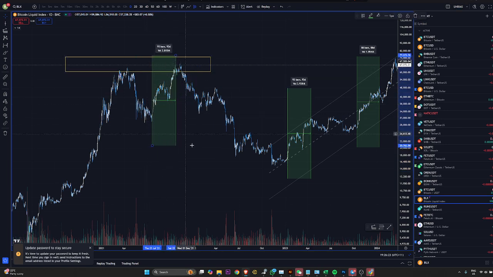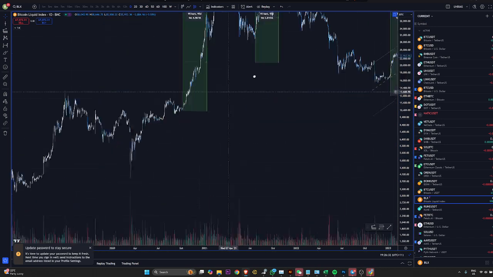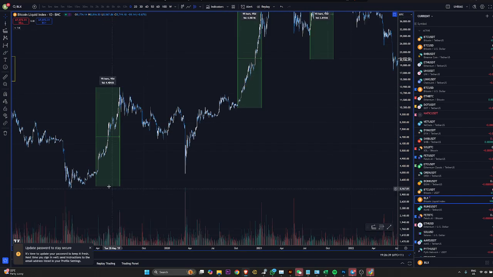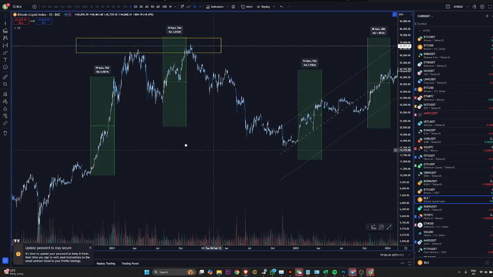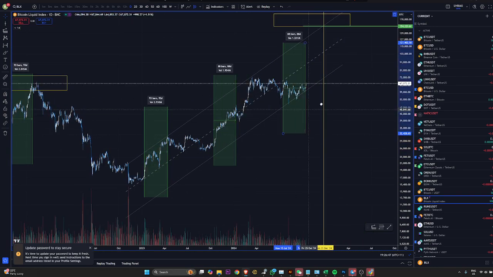Around 90 days before experiencing a near top. Again, expansion, 90 days before a near top. And this is something that occurs a lot throughout Bitcoin's history, right? So 90 days roughly, 90 days before stopping.